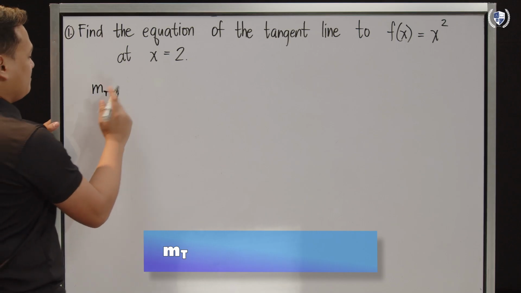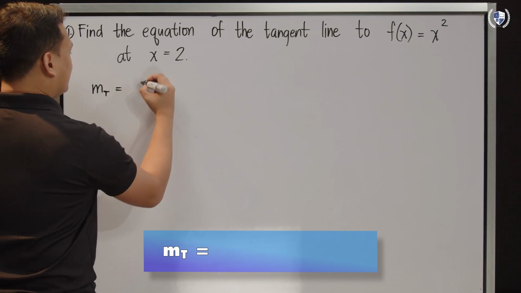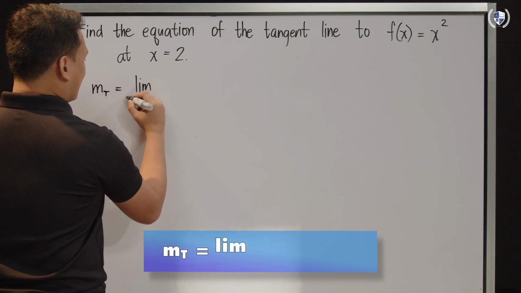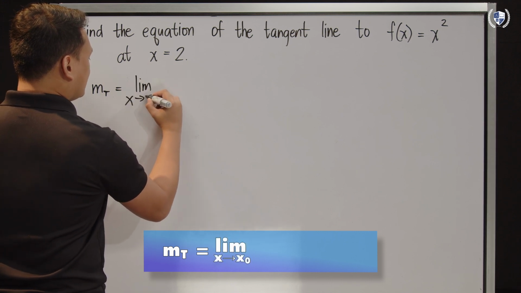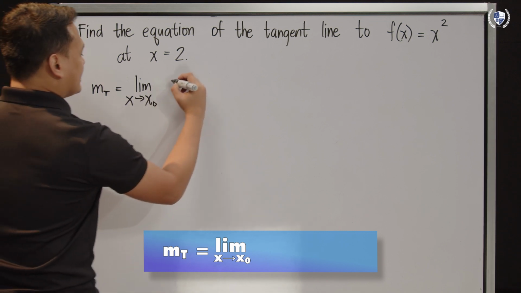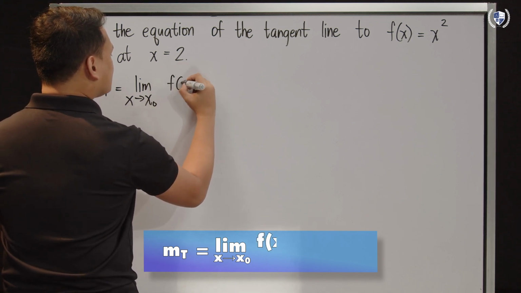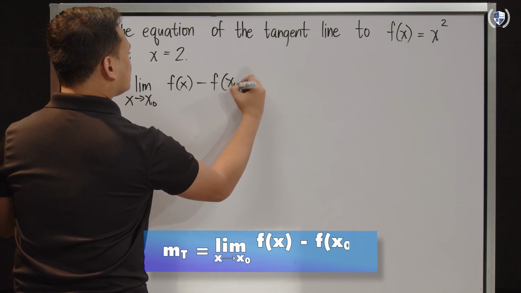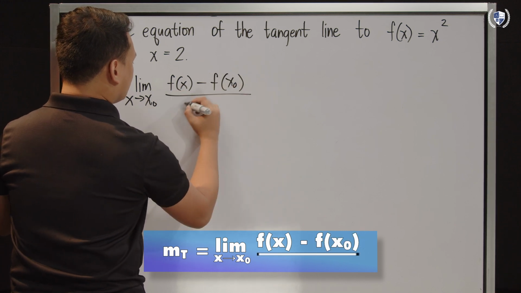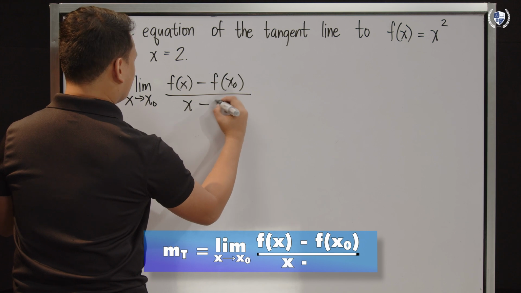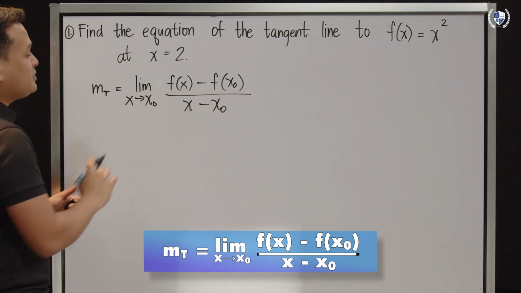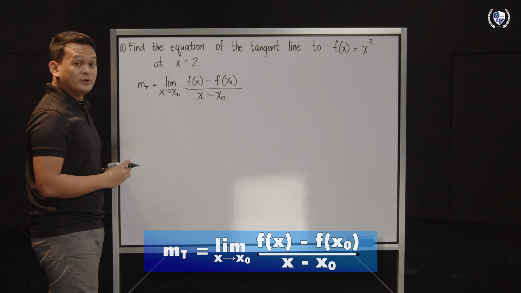So, m is given by the formula, the limit, as x approaches x naught of f of x minus f of x naught all over x minus x naught. Wherein, yung x naught natin, yun yung binigay na value nung x natin.